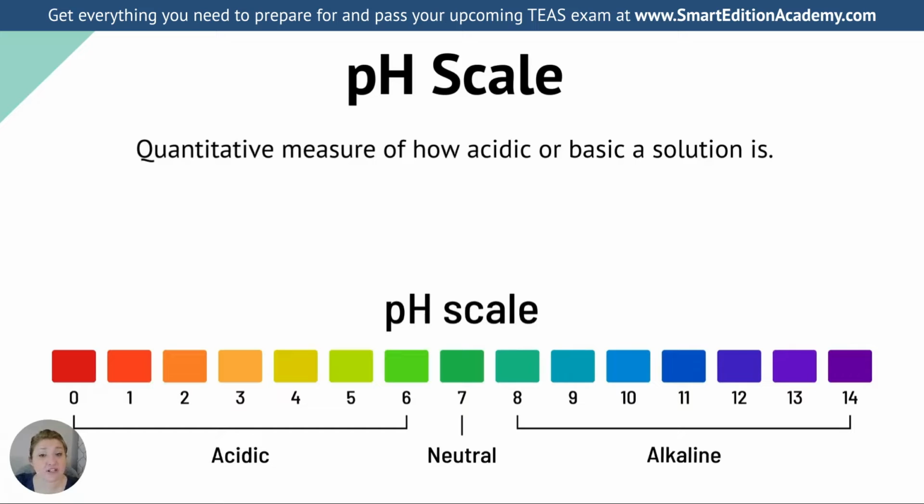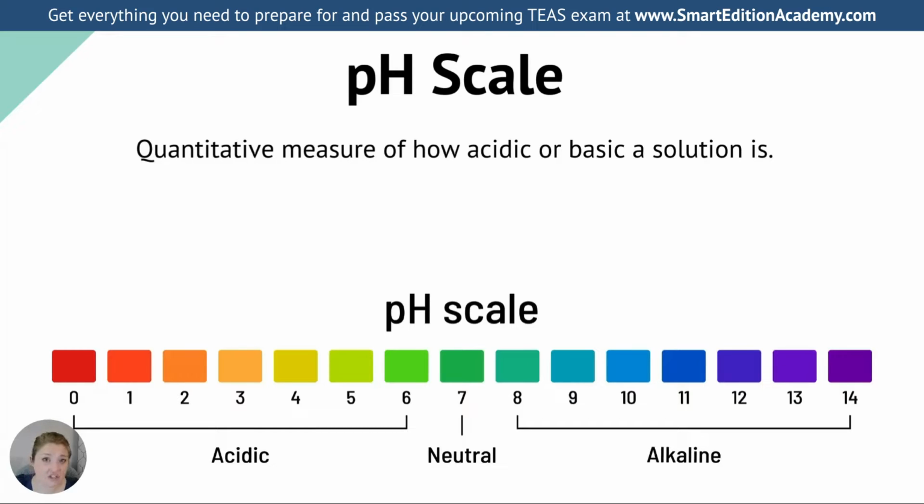The next section we're going to talk about is the pH scale. The pH scale is a quantitative measure of how acidic or basic a solution is. The pH scale runs from 0 to 14. Anything from 0 to 6.9 is going to be acidic, and anything 7.1 to 14 is going to be alkaline.